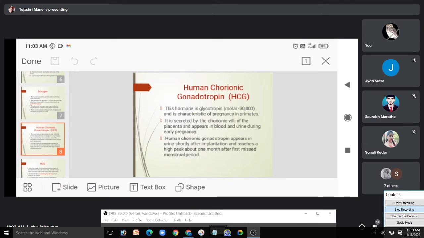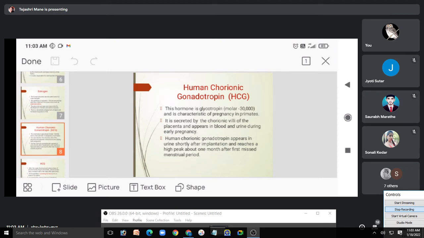After that, we see the human chorionic gonadotropin hormone, that is HCG. Half-life period of HCG is 24 to 36 hours. This hormone is a glycoprotein and is characteristic of pregnancy in primates. It is secreted by the chorionic villi of the placenta and appears in blood and urine during early pregnancy.